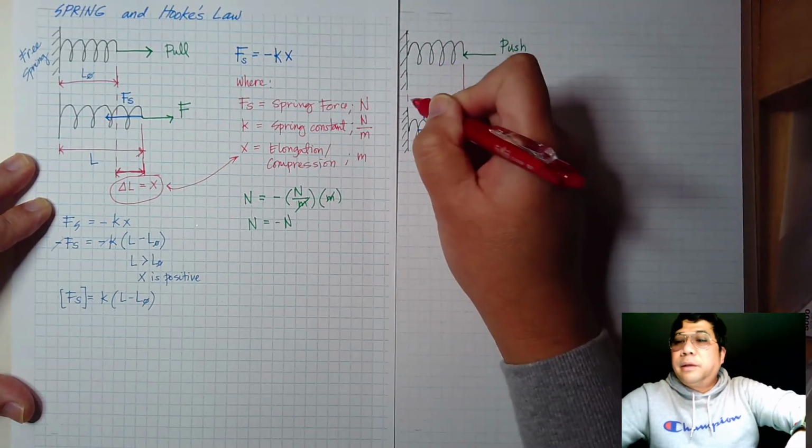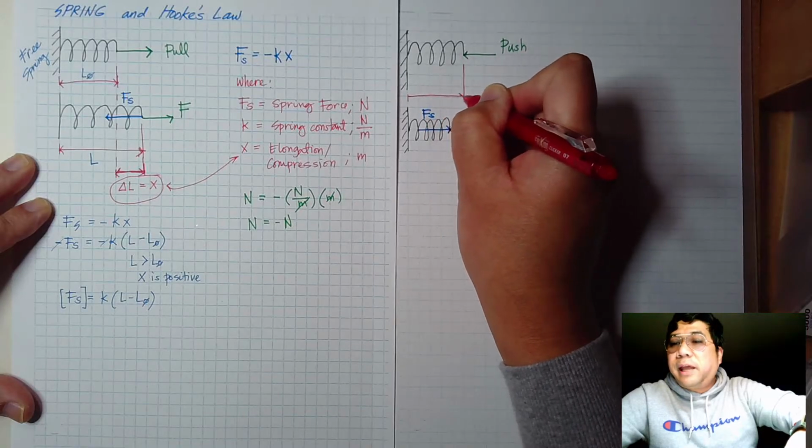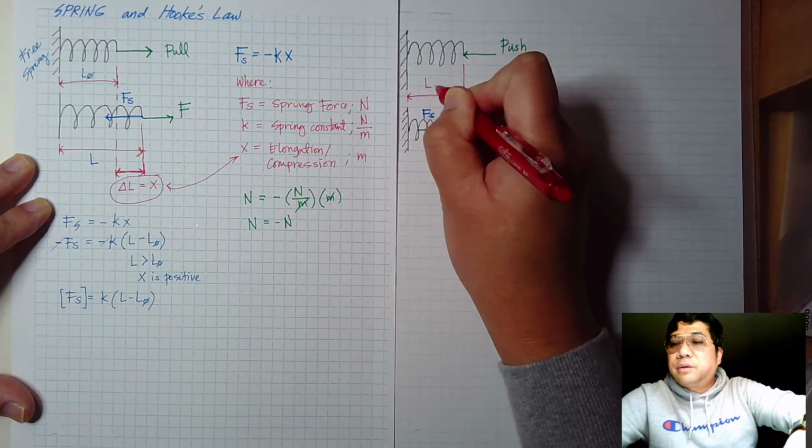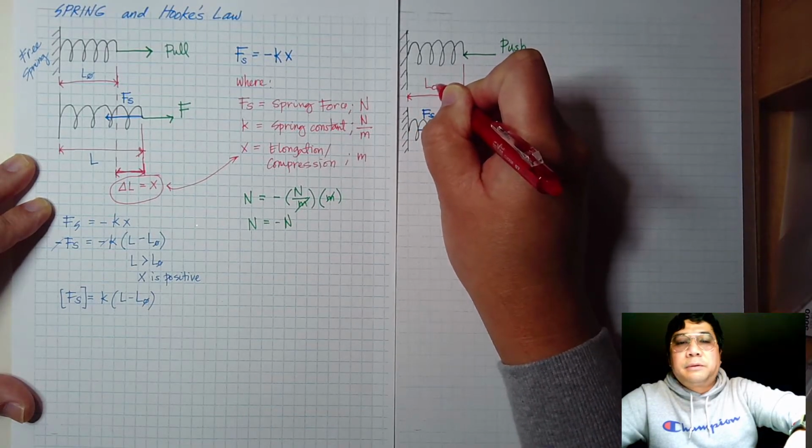Now, just like what we did on the other side, when we elongated the spring, now we have the free length. Okay, so L sub naught is your free length.